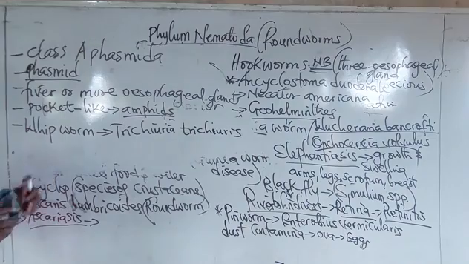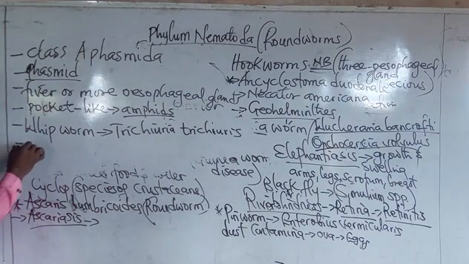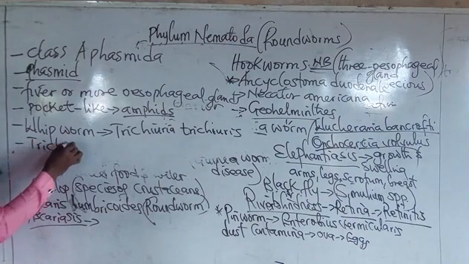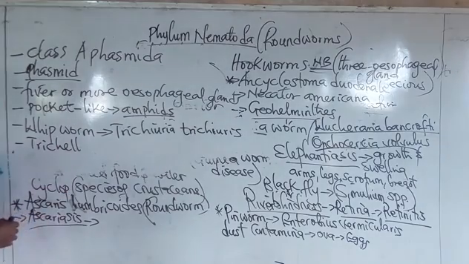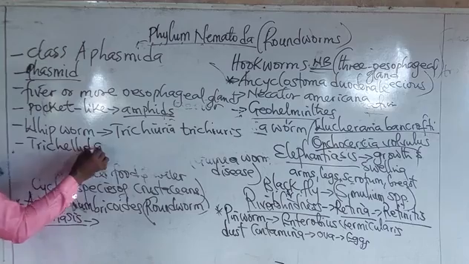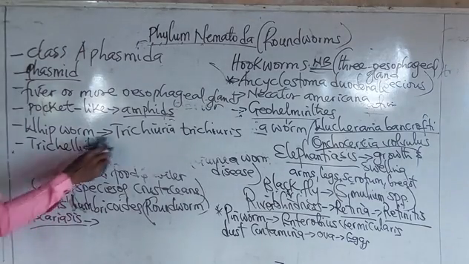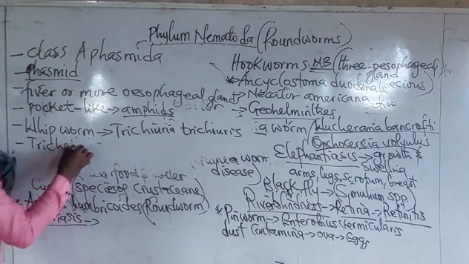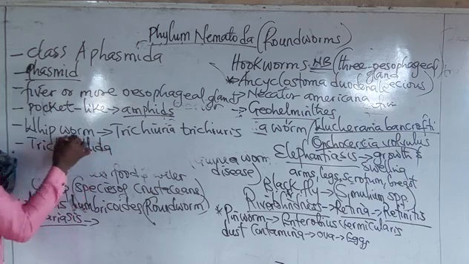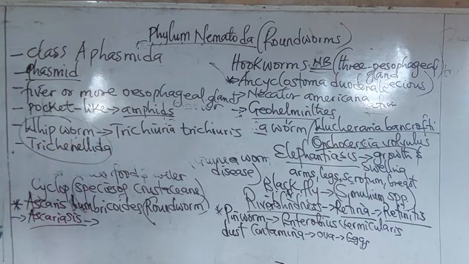Alright, so that is it. Another member of this class is Trichinella. So these are the two conspicuous members of class Aphasmida.